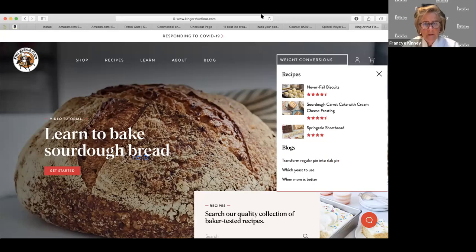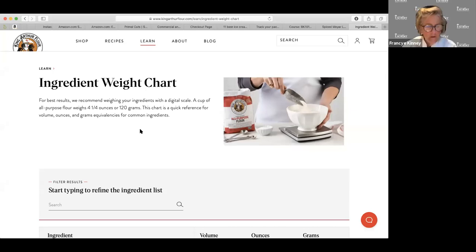No. Okay, let me find this again. Okay, ingredient weight chart, here we go. Let's see what we can find out here and then we'll go back.